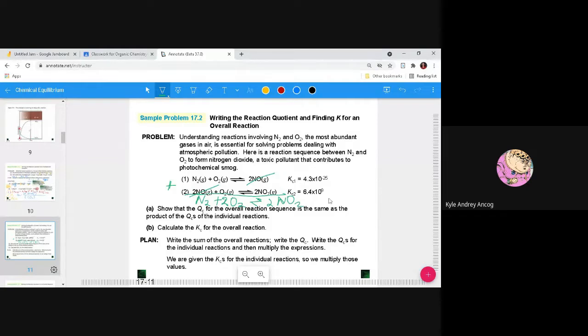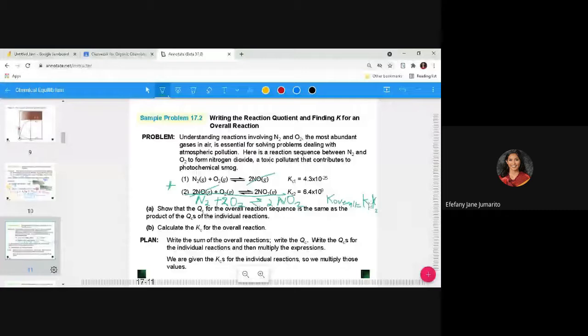Multiply, ma'am. KC overall is just... okay. So class had noted that for the reaction equation, we sum the two steps, and for the overall, we will multiply K1 times K2.